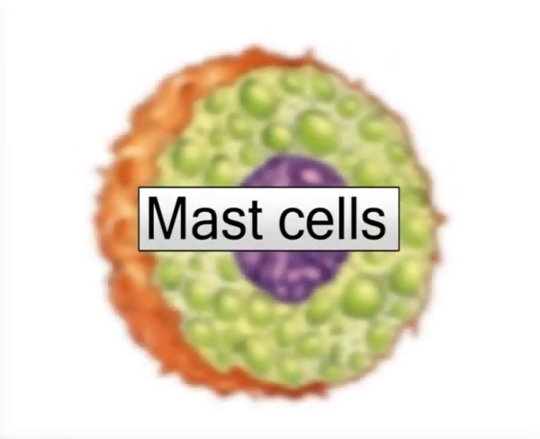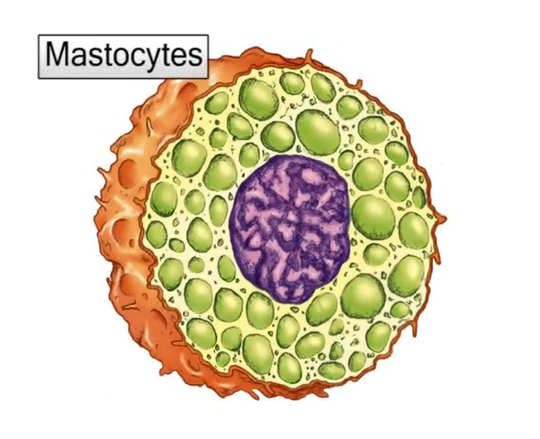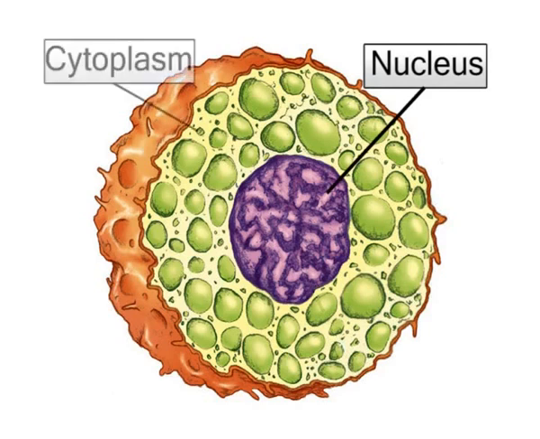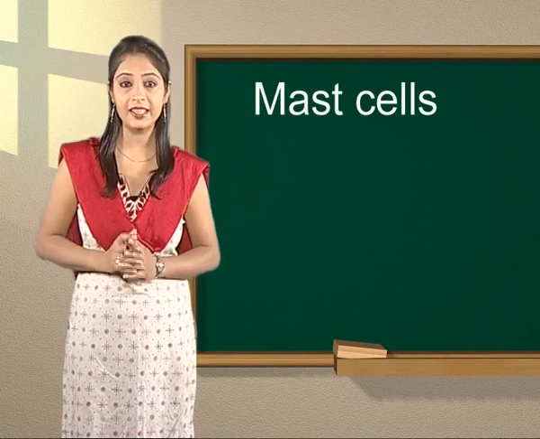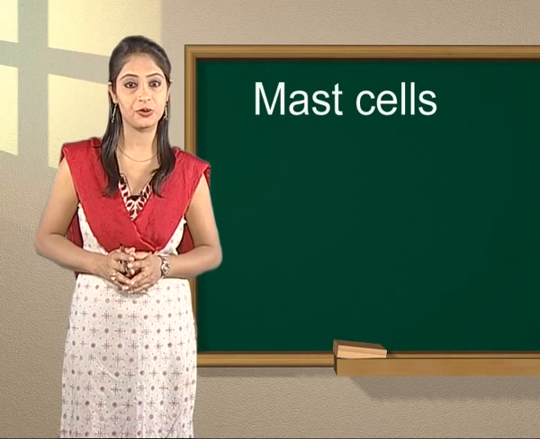Mast cells. The mast cells, also called mastocytes, are small oval cells in mammals. The cytoplasm of mast cells is filled with numerous large vesicles. These mast cells become increasingly active when something goes wrong in the connective tissue.